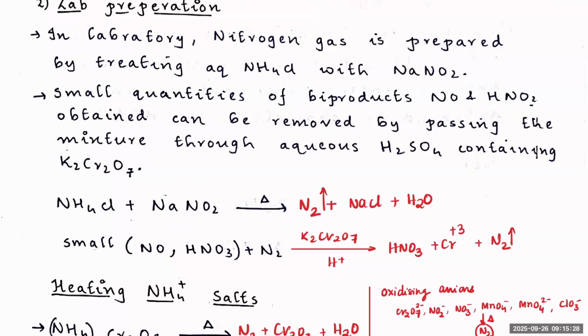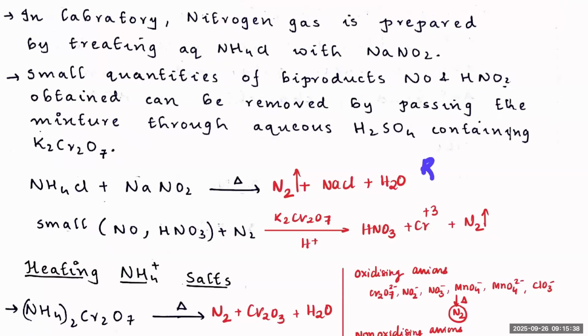Got it? In fact, you can think of it more like a diazonium salt reaction. If you recall, when you have RNH2 plus NO plus, do you remember? This was the preparation for diazonium salt, right?